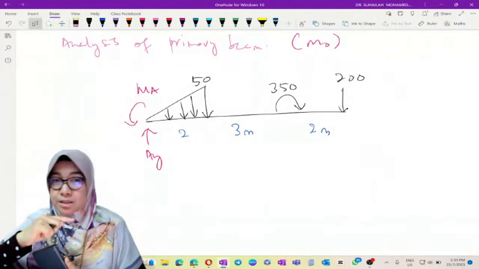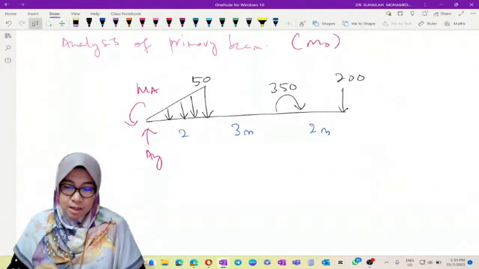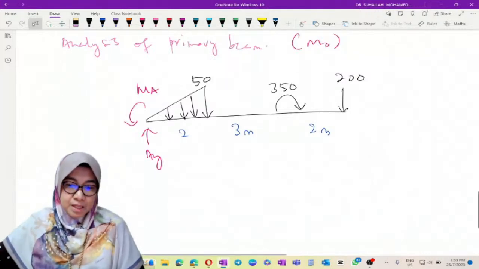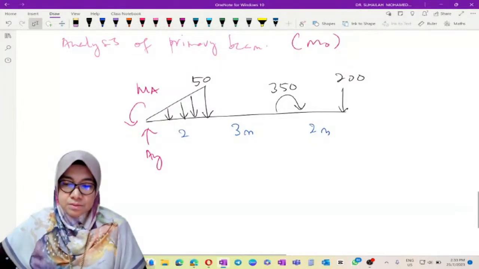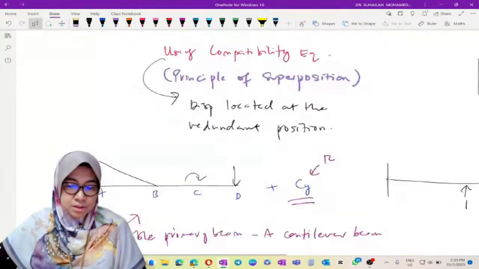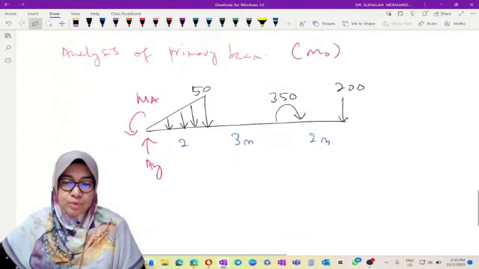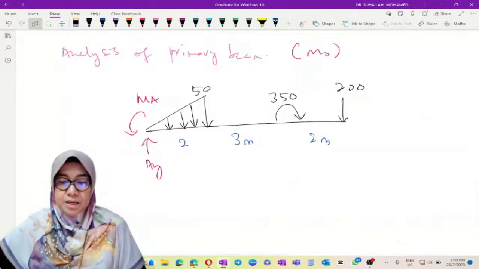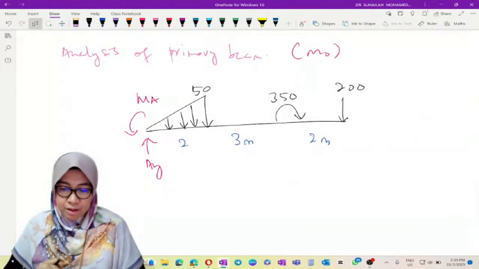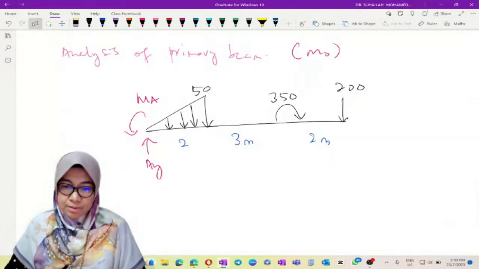The area means that we have 0.5 times 2 times 50, and we have to add 200.